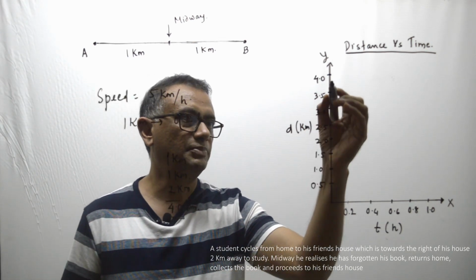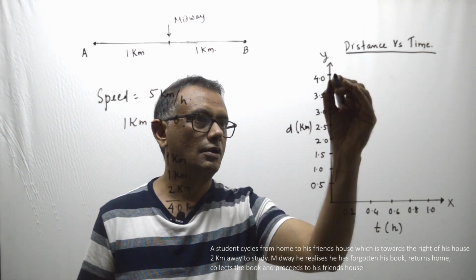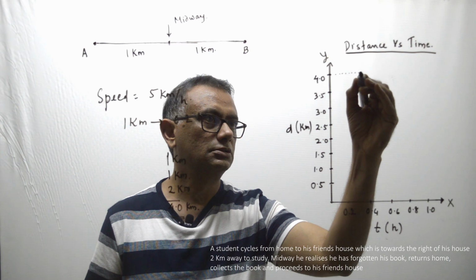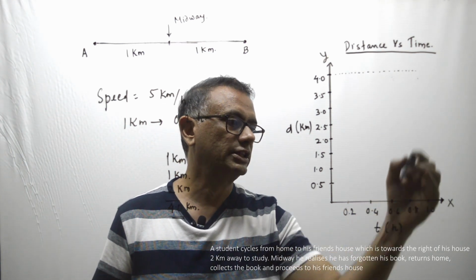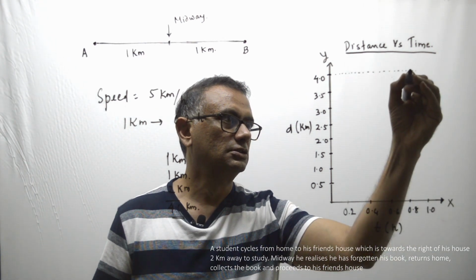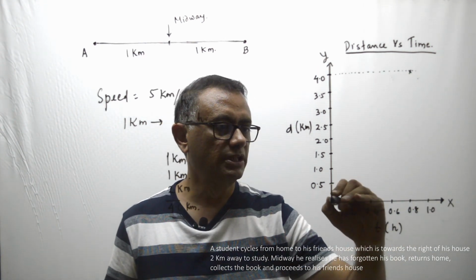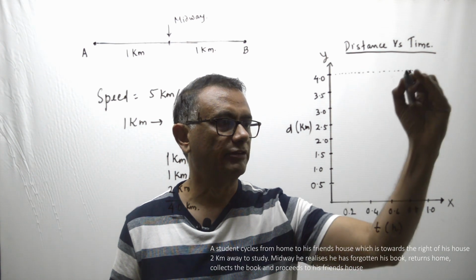So we can simply say 4 kilometers is being traveled in 0.8 hours. So this is going to be his distance time graph.